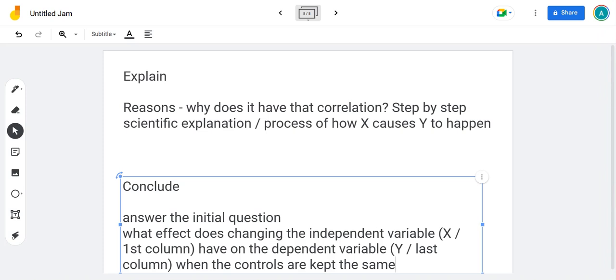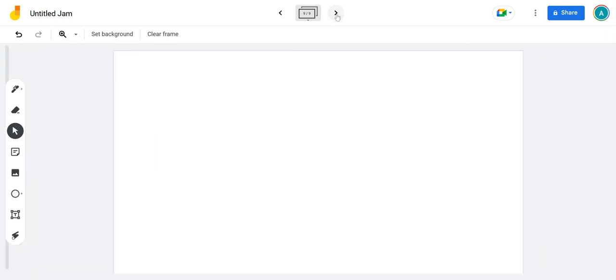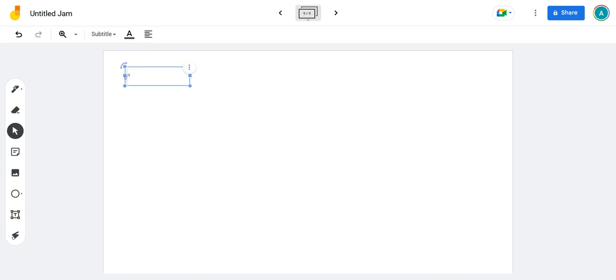Another thing they might ask you about is is it something representative? Okay, now representative means that the characteristics of your sample are the same as the characteristics of the general population or of the whole as a whole, whatever it is you're investigating.